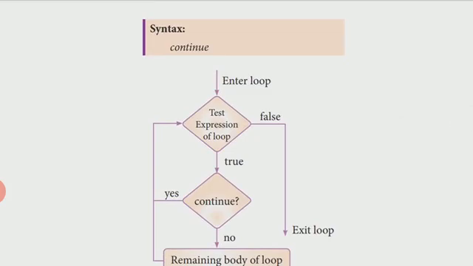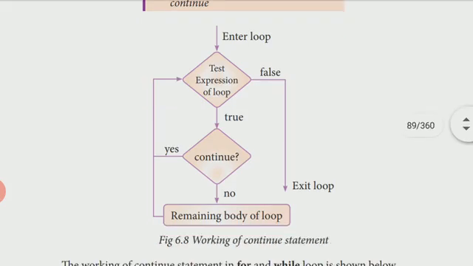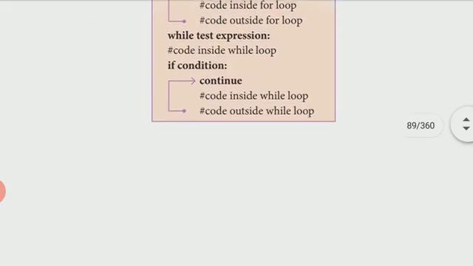If you are entering into the loop, when the condition is true, then it will do the process. First we want to check the condition. If it is true, it will do the process. If you give a continue statement, again it will go through the condition and check. Otherwise, it will exit the loop. So this is the continue statement.